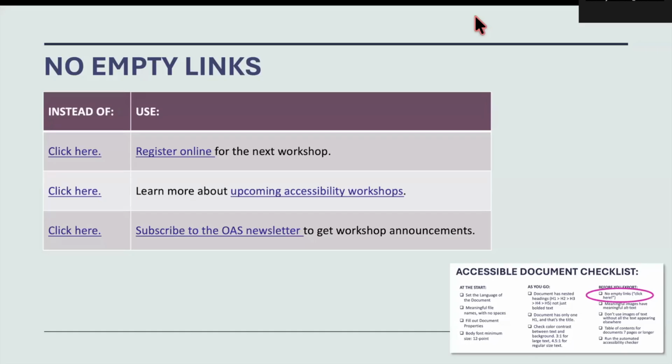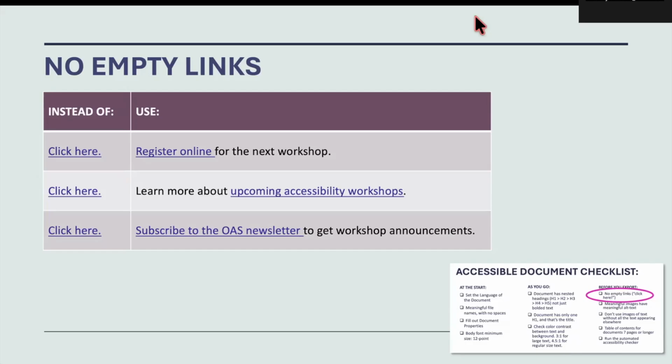Okay, first of all, you're going to double check your links. You want to do this anyway to make sure all your links work and none of them are broken. But add on to that, you're going to check to make sure none of them are empty links. Again, empty links are ones where it's impossible to say where you're going. Click here. Why not say register online for the next workshop and have register online be the link?